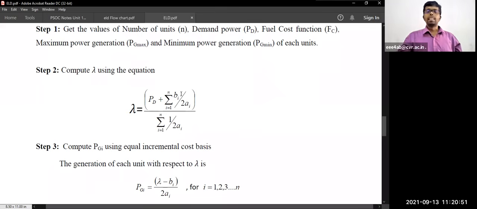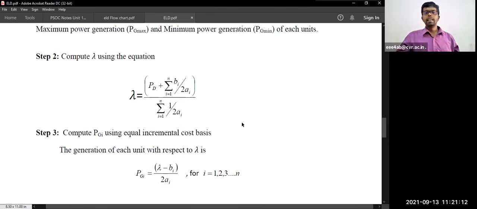Say for example 3 generating units, 3 times you have to add. Summation means i equal to 1 to 3. So b1 divided by 2a1 plus b2 divided by 2a2 plus b3 divided by 2a3. Here also 3 terms: 1 divided by 2a1 plus 1 divided by 2a2 plus 1 divided by 2a3. That is step number 2.